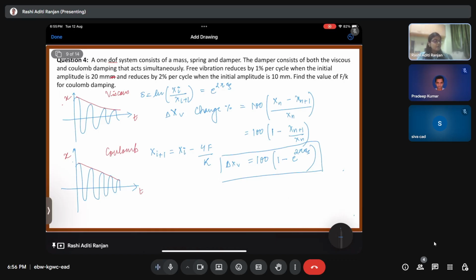Okay. And now if I consider the Coulomb damping, I have delta x c change percent, right. Here what relation do I have? Here I have the relation xn minus xn plus 1, right? I do have the relation for this. This will turn out to be what?